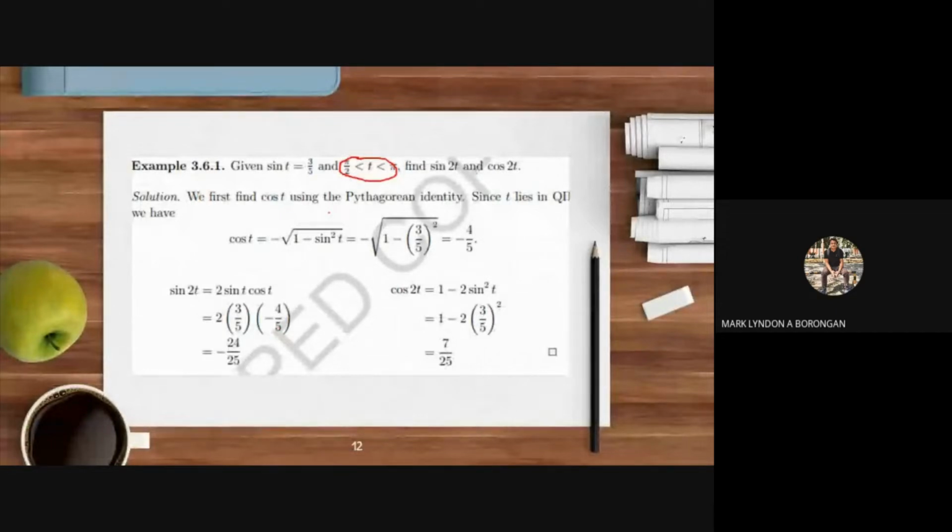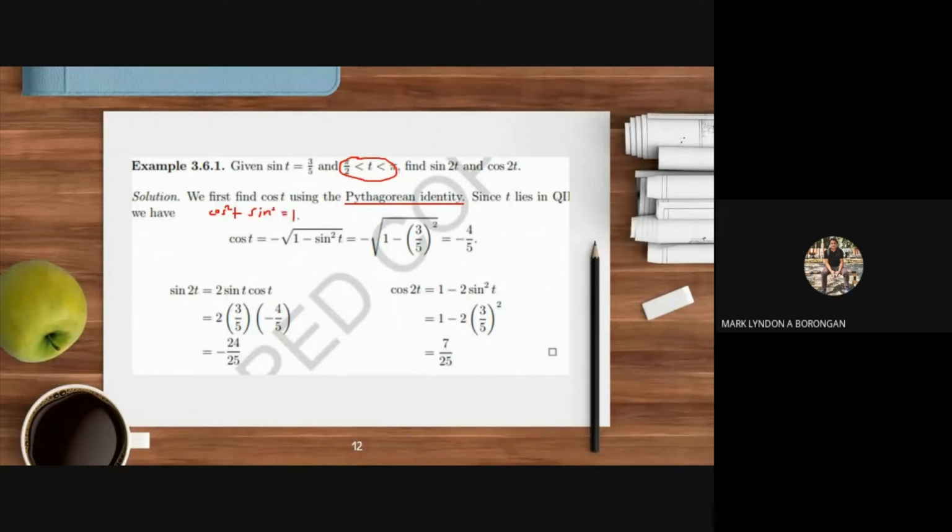Next, we will use the Pythagorean identity, which is cosine squared plus sine squared is equal to 1.